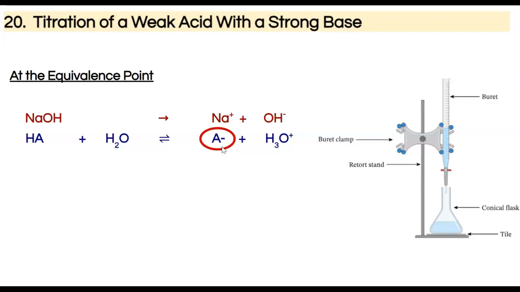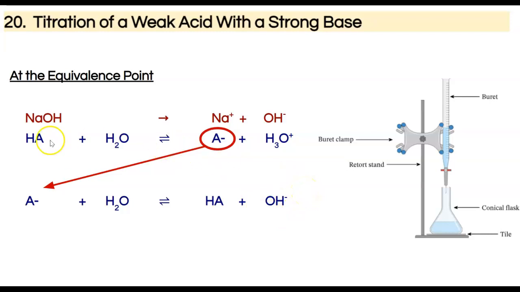And that conjugate base is going to go on and experience its own equilibrium situation as a conjugate base. And so it will hydrolyze. And when it hydrolyzes, it forms that weak acid and some hydroxide ions in solution.